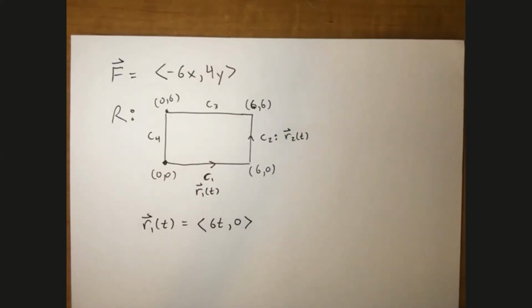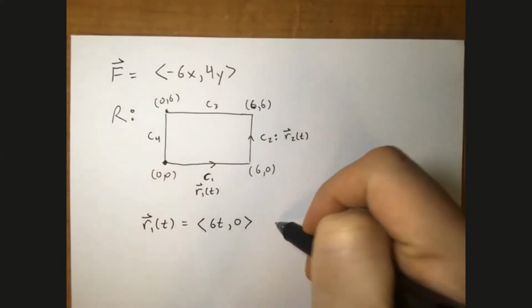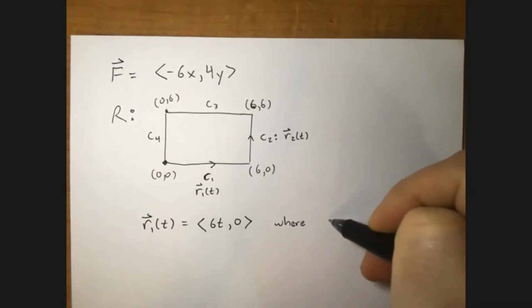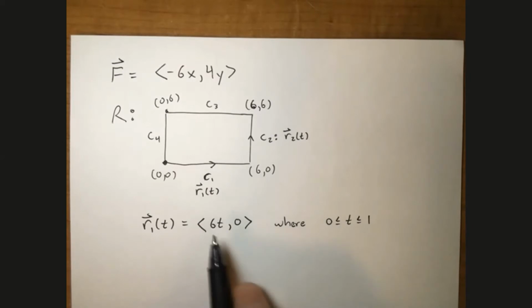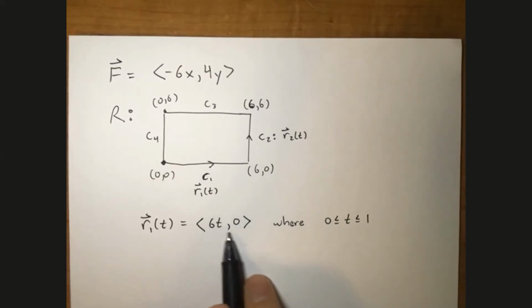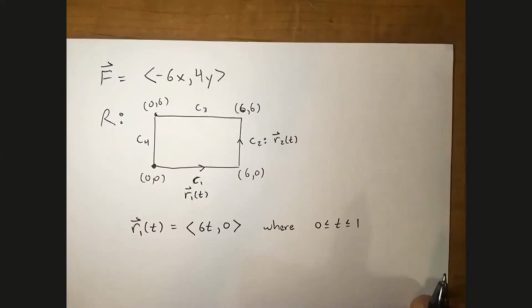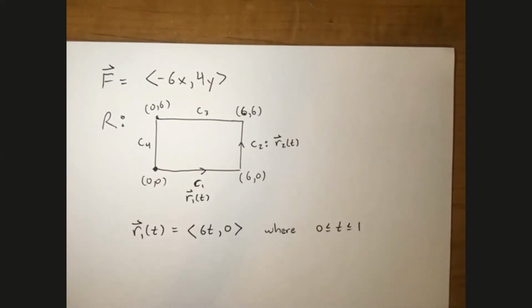That will work, where t ranges from 0 to 1. When t is 0, we'll have the point 0, 0. And when t is 1, we'll have the point 6, 0. Okay, so that'll do it.